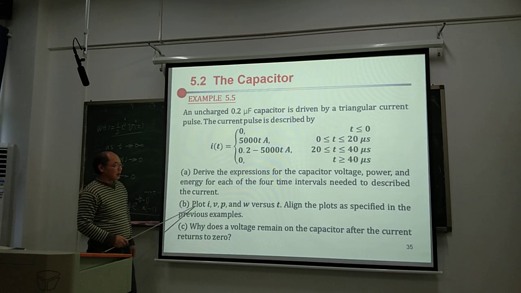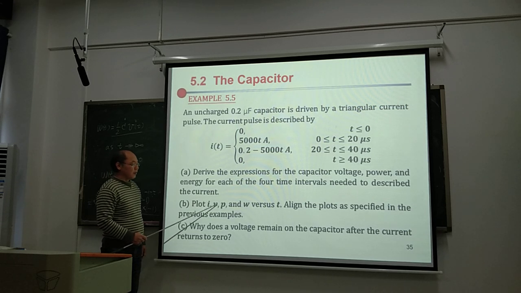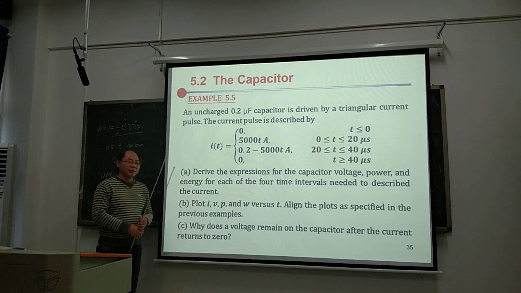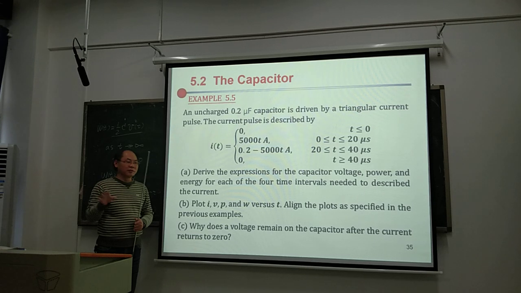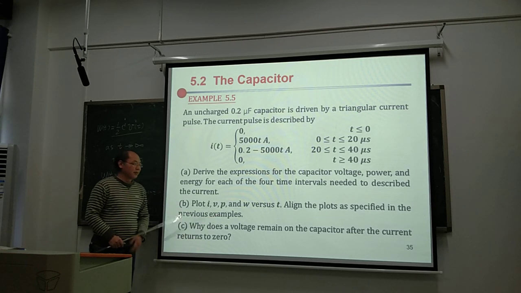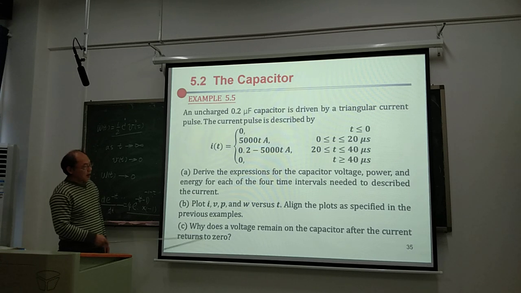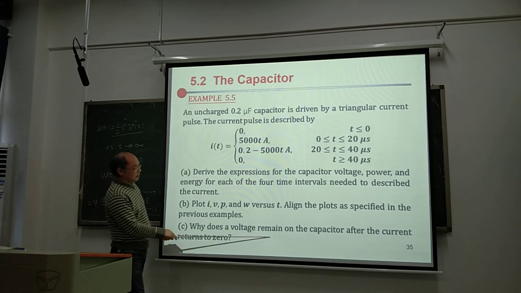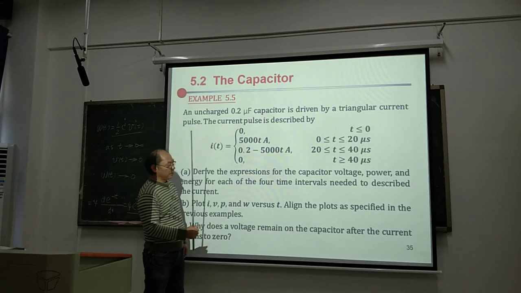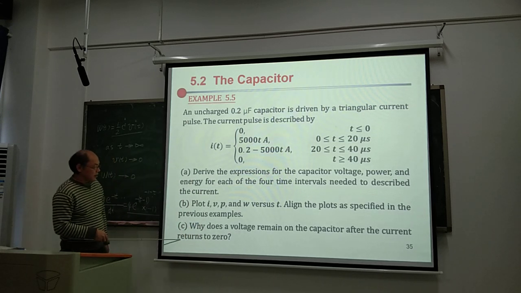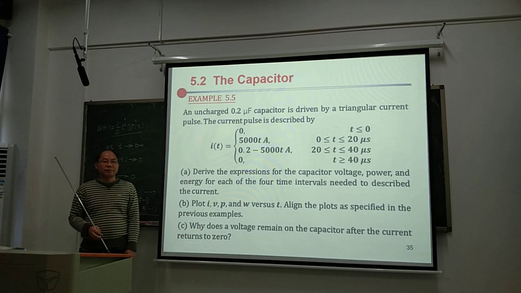And B, plot the I, V, P, W waveforms versus t. And C, why does the voltage remain on the capacitor after the current returns to 0?